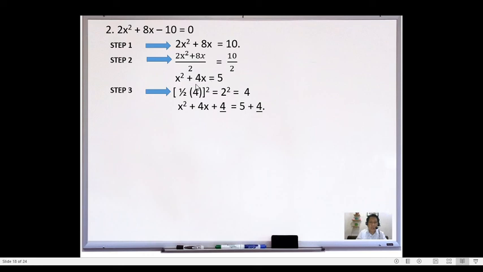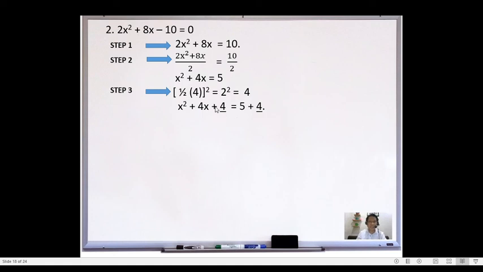So how? Again, get 1/2 the coefficient of b, and that is 4. So 1/2 of 4 is equal to 2, and then square it: 2 squared is equal to 4. So we are going to add 4 to both sides.